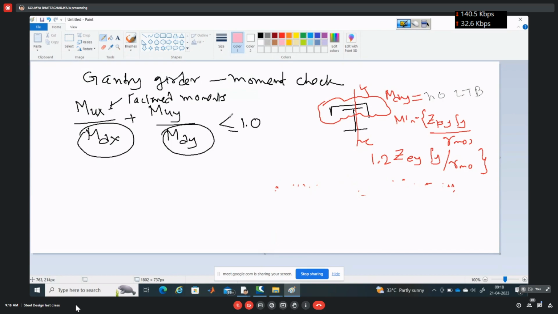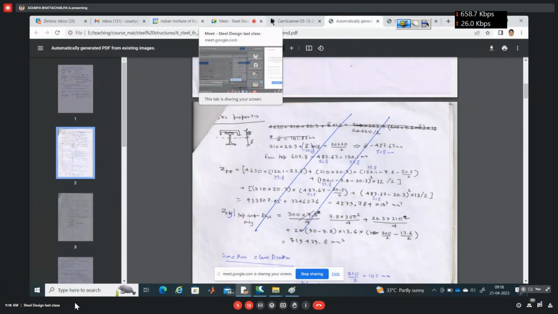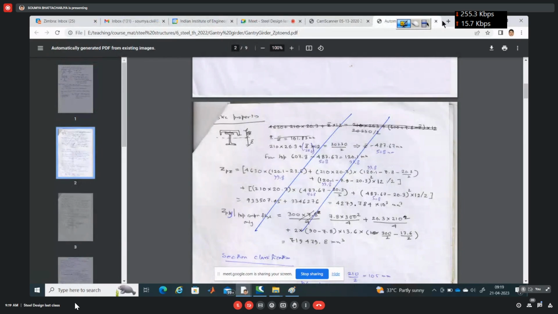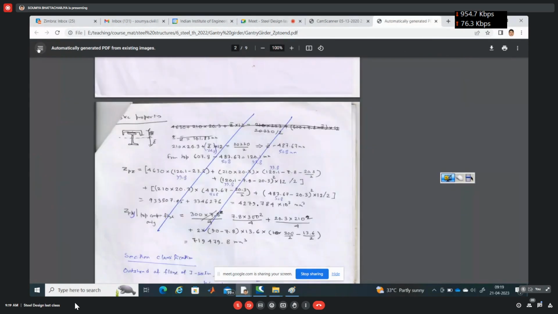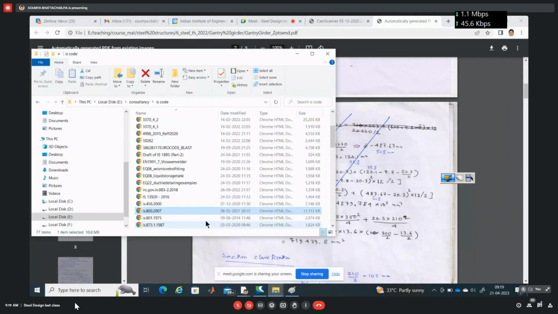Now next, about the MDX. For MDX, we'll go to Annex E of IS 800 2007.